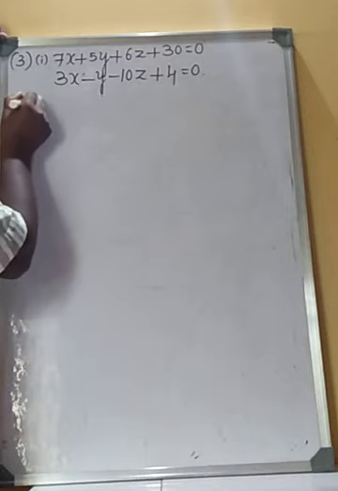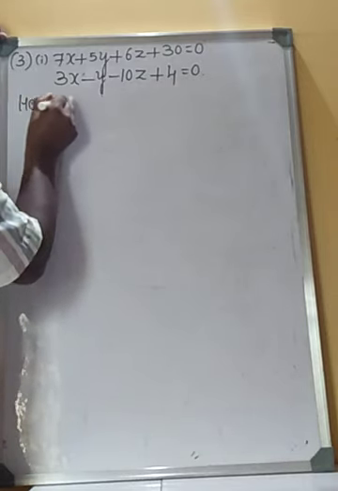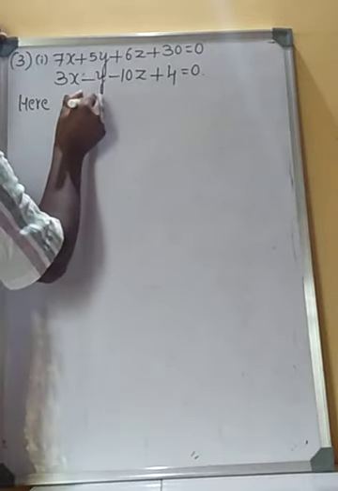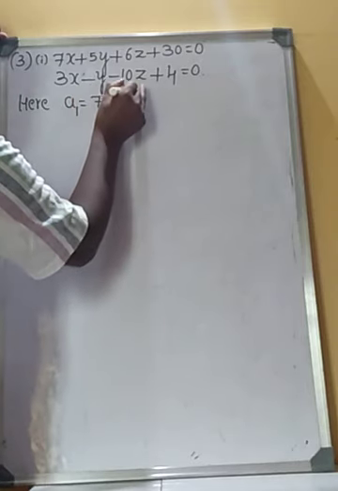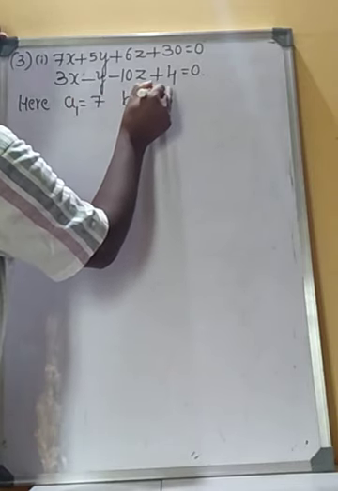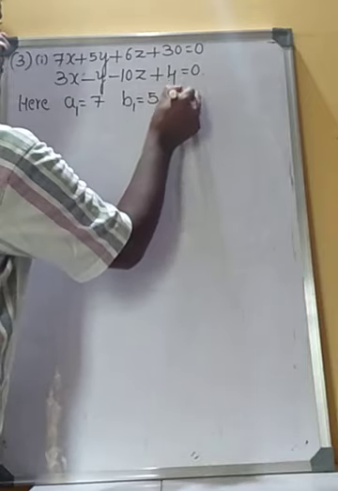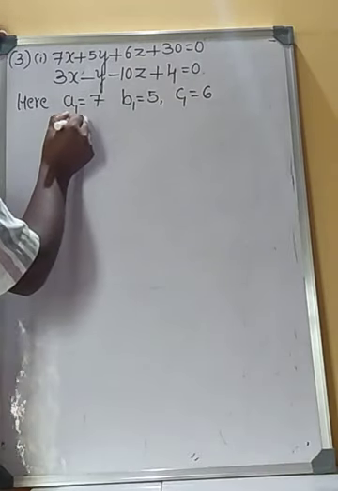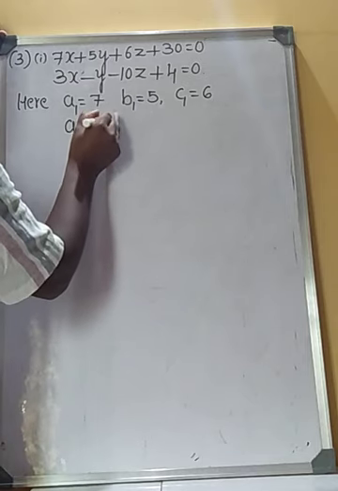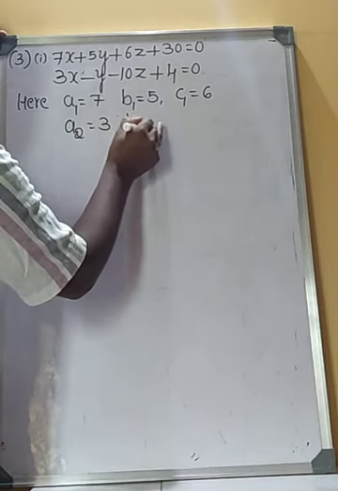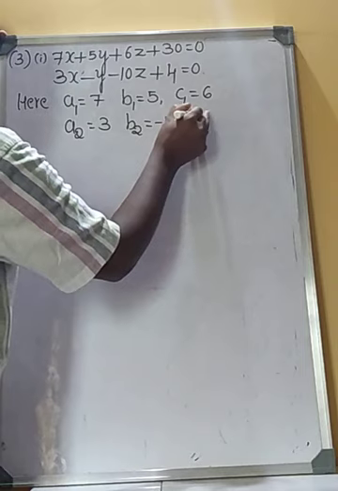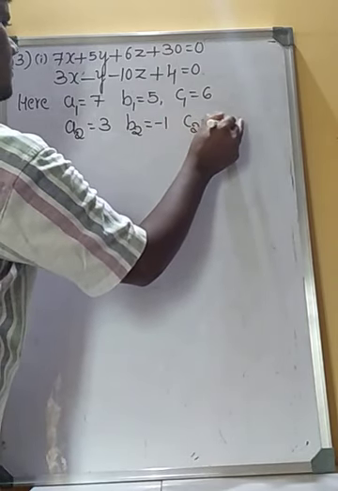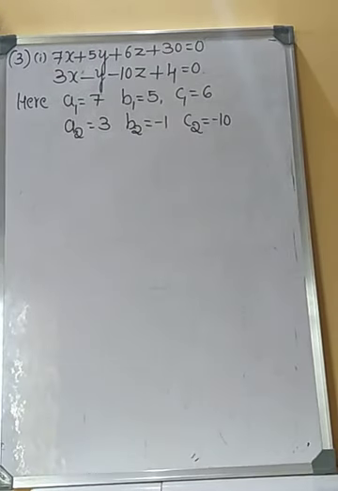Here A1 is equal to 7, B1 is equal to 5, C1 is equal to 6, A2 is equal to 3, B2 is minus 1 and C2 is minus 10.